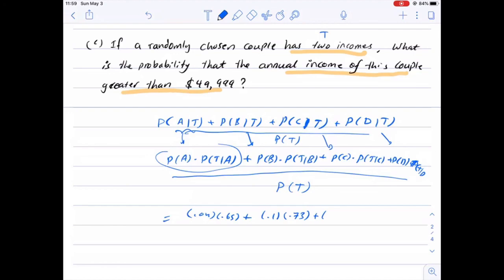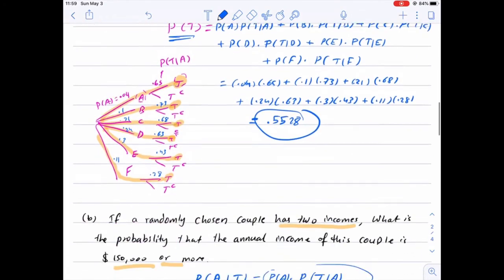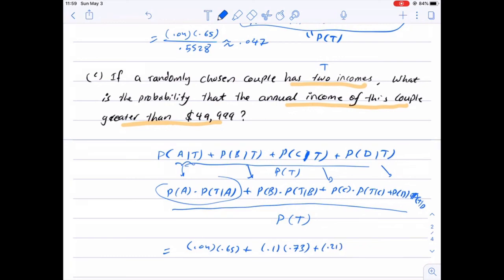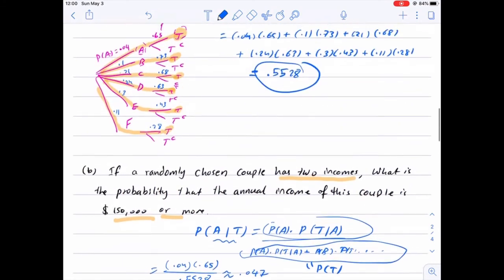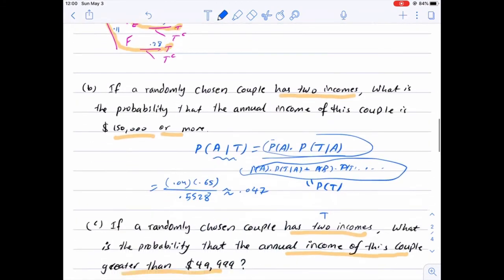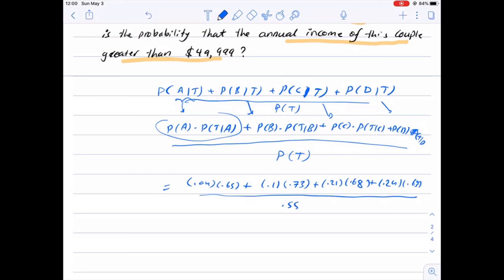In the third branch we have 0.21 times 0.68, and the fourth one is 0.24 times 0.63, all divided by probability of T, all branches. We already computed this. It's 0.5528, and using a calculator we get an answer that can be approximated as 0.711.